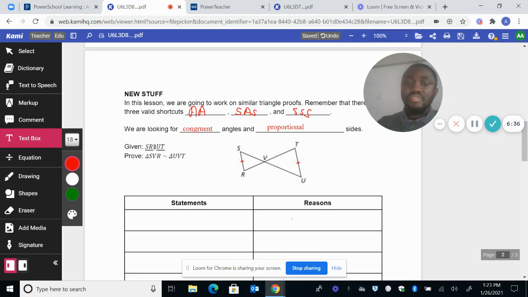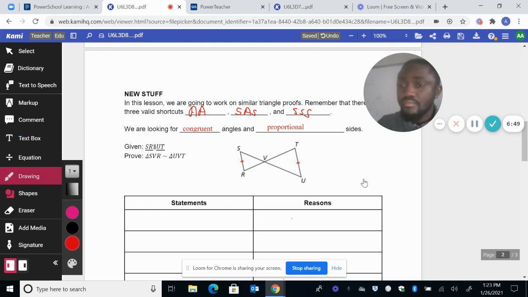So we have these two triangles here, SVR and TVU. It has been given that these two lines are parallel, SR parallel to TU. So I'm just going to extend TR and SU this way.